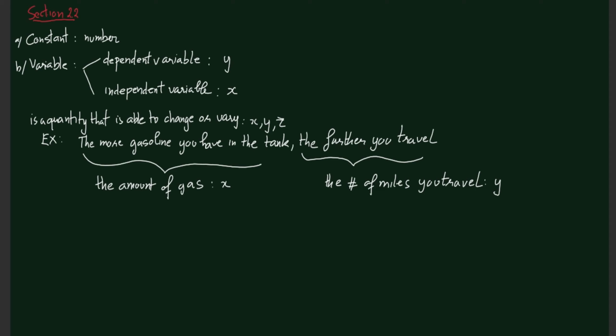Y depends on X, because Y is the number of miles you travel. It depends on the amount of gas. All right. The more gas you have, the further you can travel. Okay, that's one of the examples.